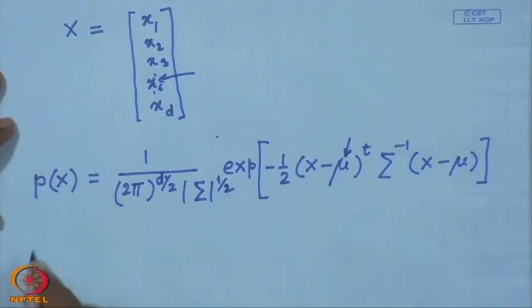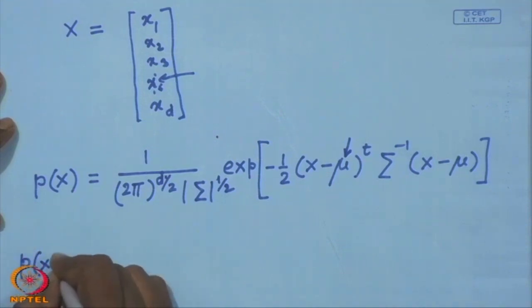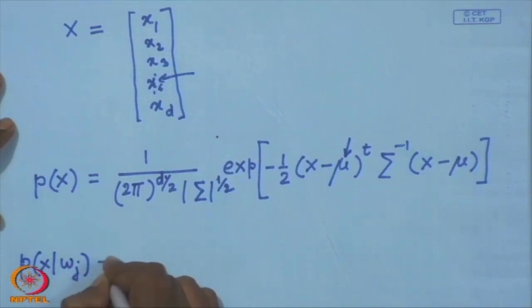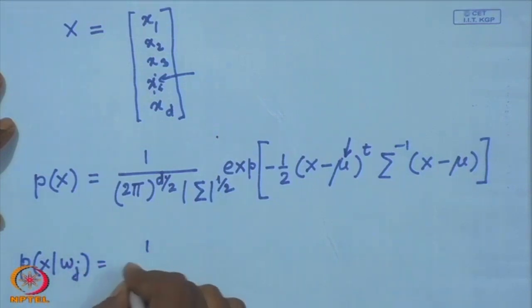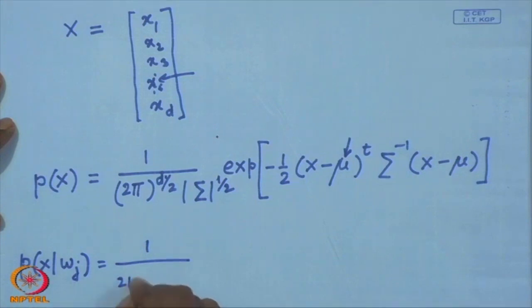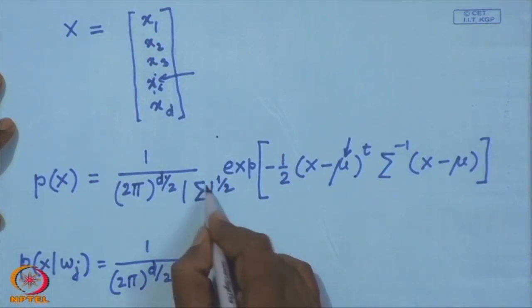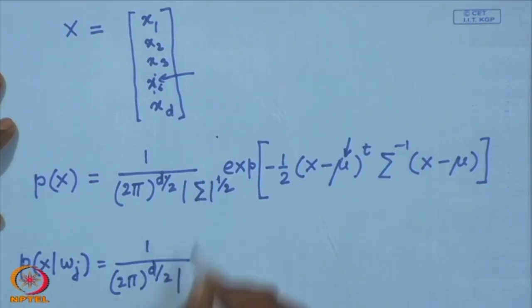And in the same manner, if I want to put what is the class conditional probability, that is P of x given omega j, which will be given by 1 upon 2 pi. Now, this sigma has to be replaced by sigma j, because this is the covariance matrix of all the sampled vectors which are taken from class omega j.